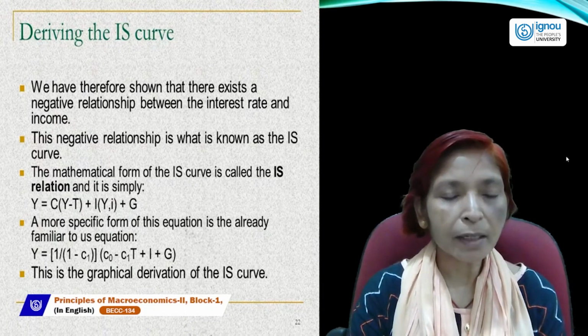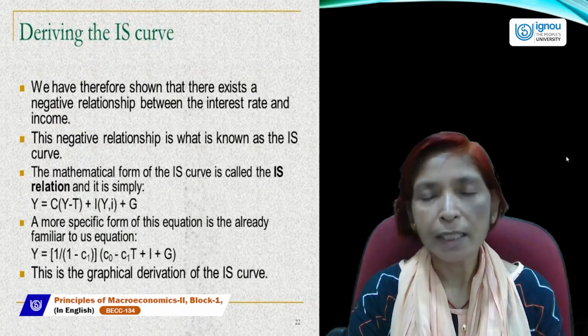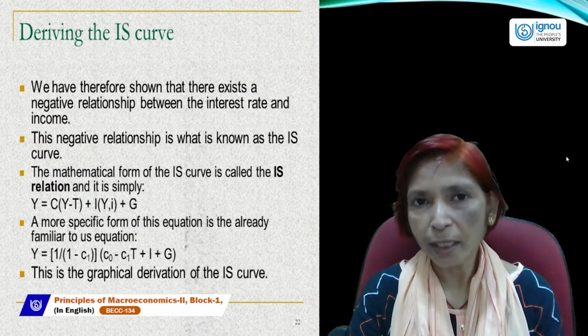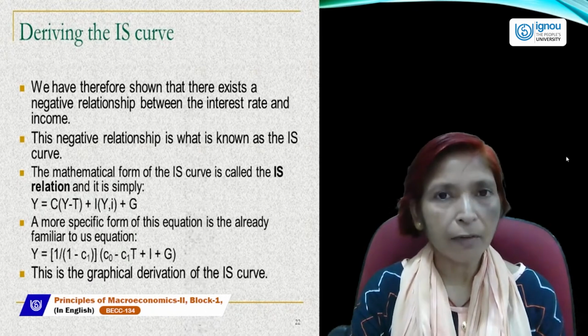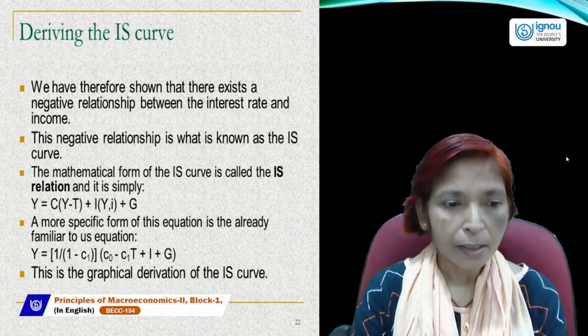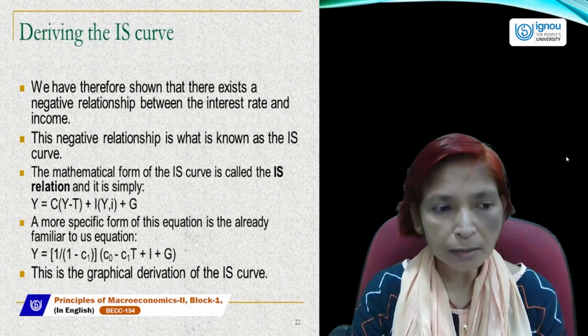Here Y represents that if income level rises, then our saving capacity will also rise, and due to the rise in saving, investment will automatically rise. So investment depends upon income and rate of interest. The third component is G. G is government expenditure.